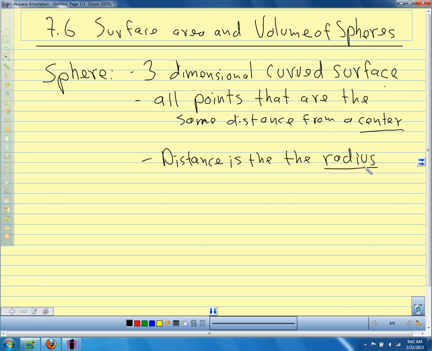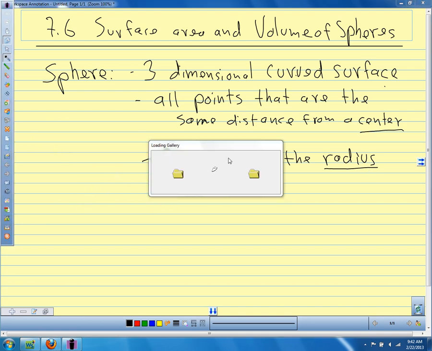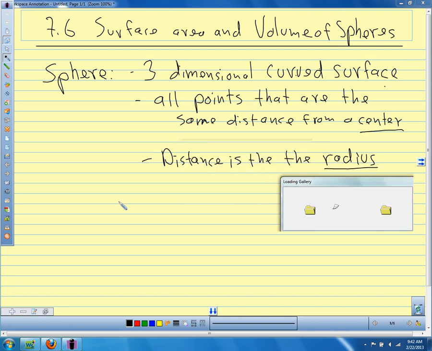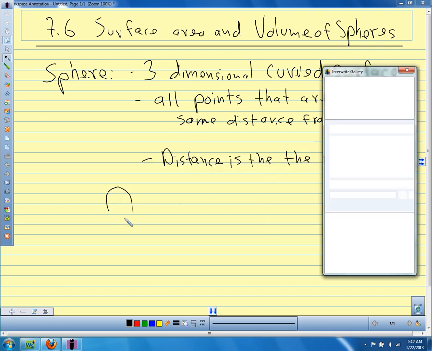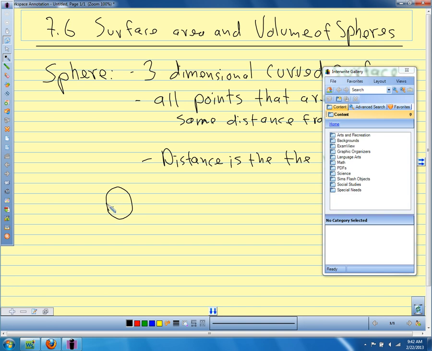And the radius is really the only piece of information we need about spheres. If you wanted to draw a sphere, what I usually do is sketch a circle and then make an oval around the middle. That would be a really rough sketch of a sphere.